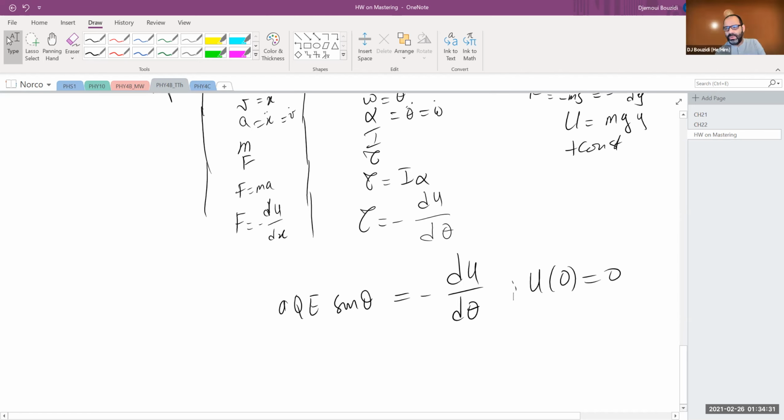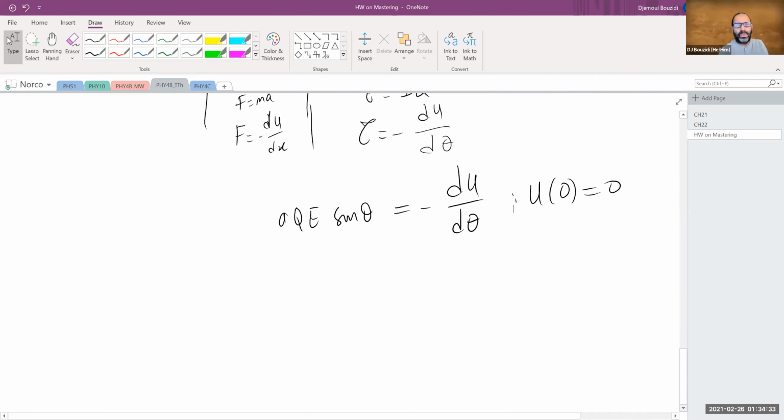So let's do this integration first and see what we're dealing with, and then we'll deal with the constants and all of that, okay? So if I integrate this expression, it is the same thing as du equals minus QEA sine theta d theta. And the integral of minus sine theta: what is the antiderivative of sine theta? Or what is the antiderivative of cosine theta?